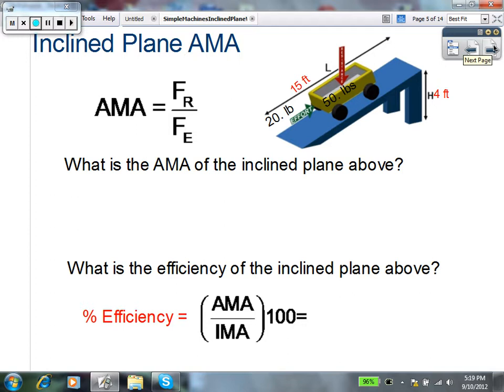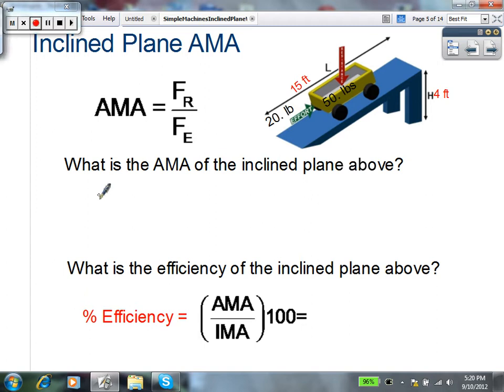Now the actual mechanical advantage, remember we said, was the resistance load divided by the effort. So the actual mechanical advantage for the inclined plane above, notice the weight in this cart is 50 pounds, so that would be the load, resistance. The effort needed to push it is 20 pounds.